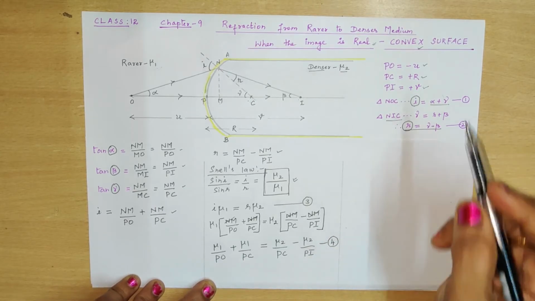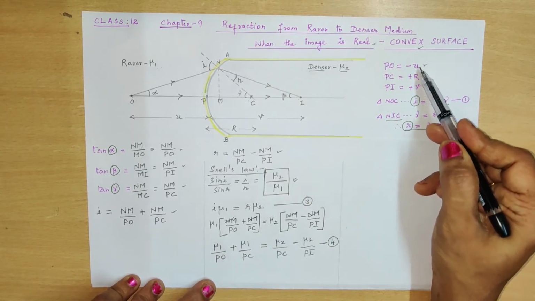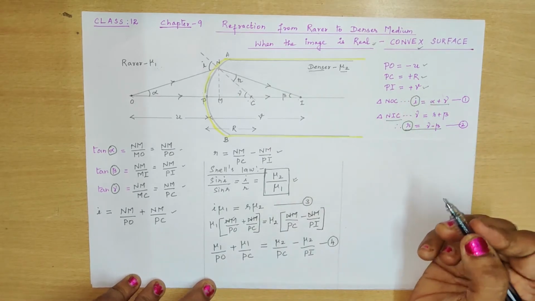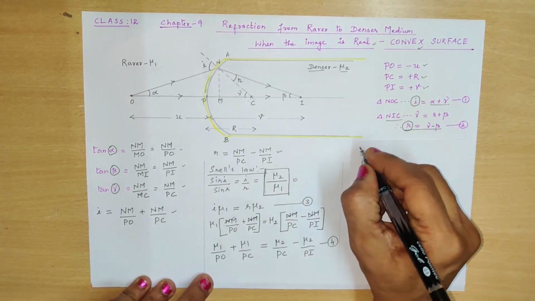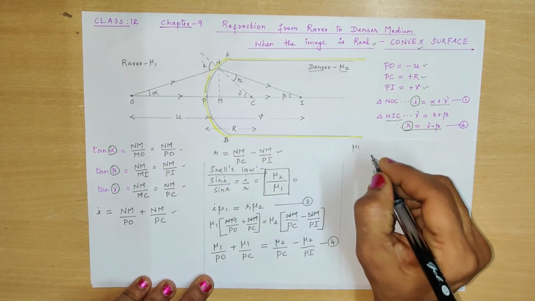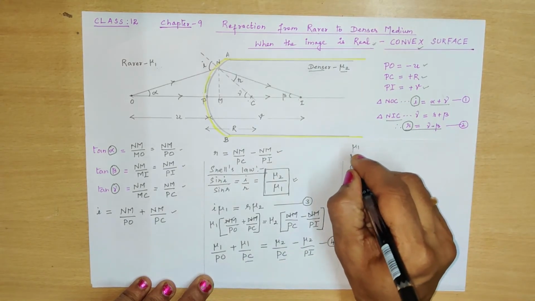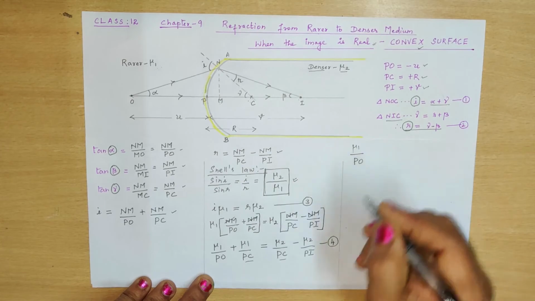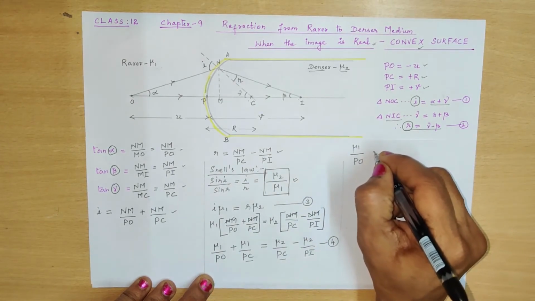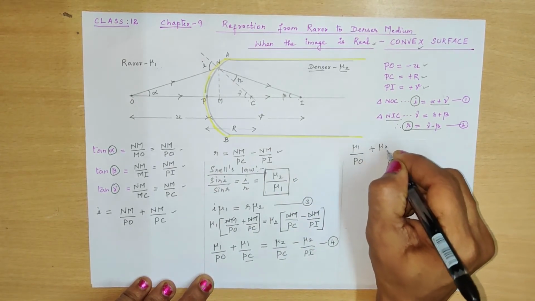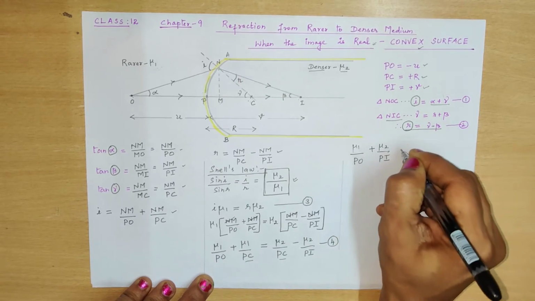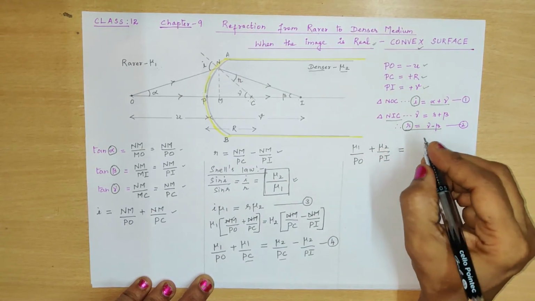In this equation, you are going to substitute the values u, r, v according to the signs given. So, let us go to that step. Here, mu1, and also we rearrange this Pc, we take to one side because both are having the same denominator. So, we bring it to the opposite side. So, mu1 upon Po, we keep it as such, and we bring this one mu2 upon Pi to the left hand side and take Pc to the other side.